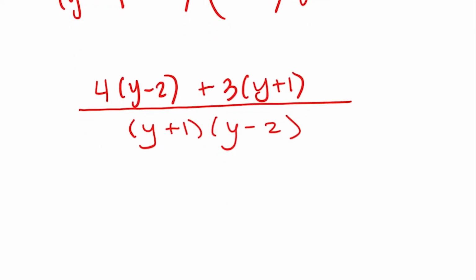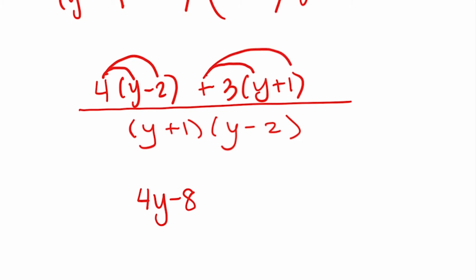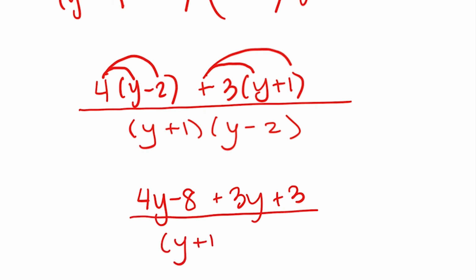So across the top, this will be 4y minus 8, and then plus 3y plus 3, all over y plus 1 times y minus 2. In the top of this fraction, we have terms that we can combine.